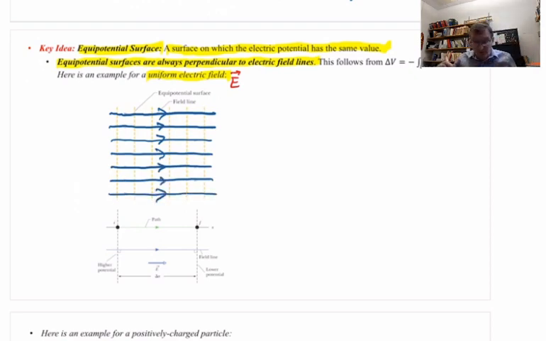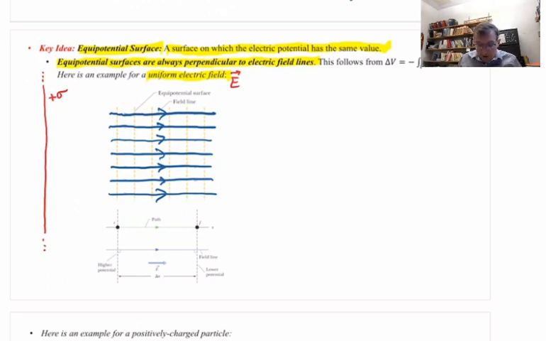That would be produced, for example, that's one way to think of it, by somewhere over here to the left, an infinite planar sheet that goes up and down vertically and in and out of the screen towards you and away from you. Infinite in extent, planar sheet with uniform charge per unit area, surface charge density, sigma. Then that would produce a uniform electric field pointing to the right. Okay?